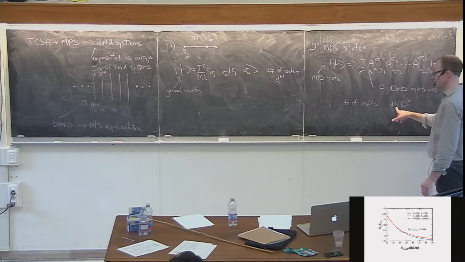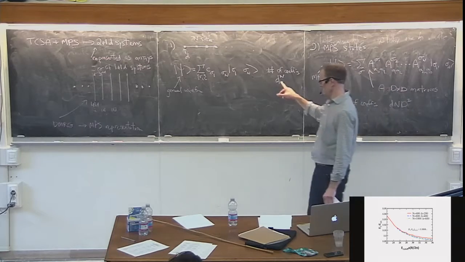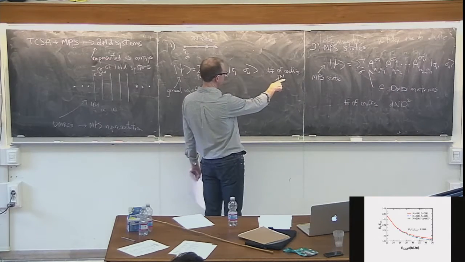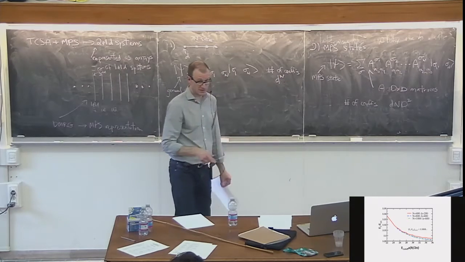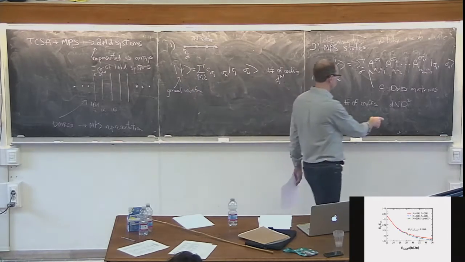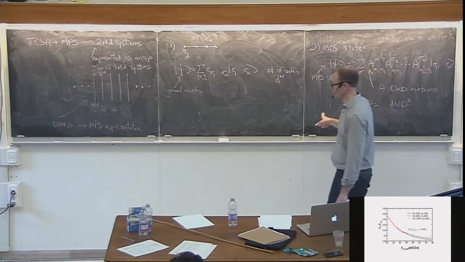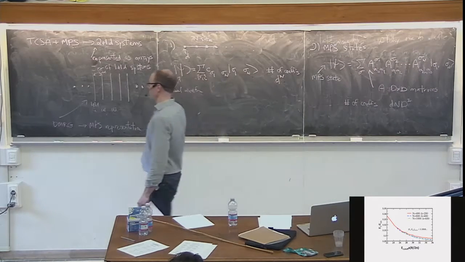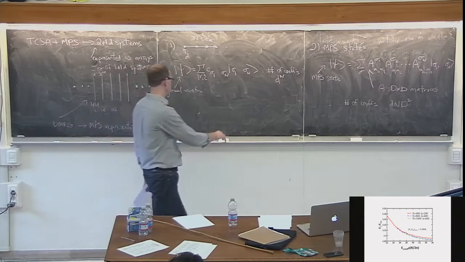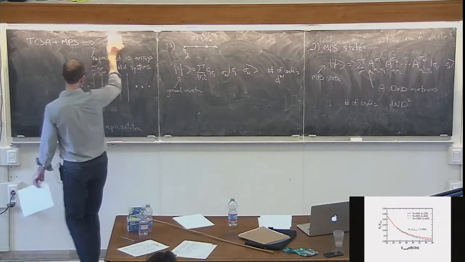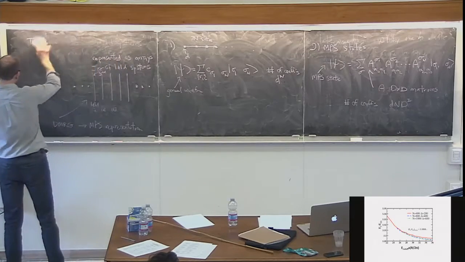So instead of having the number of coefficients explode exponentially in the system size, this representation only grows linearly. So in general, matrix product states are a much, much more efficient representation of many-body states.